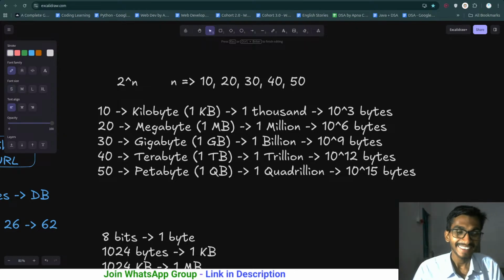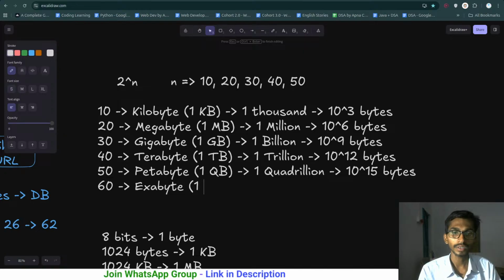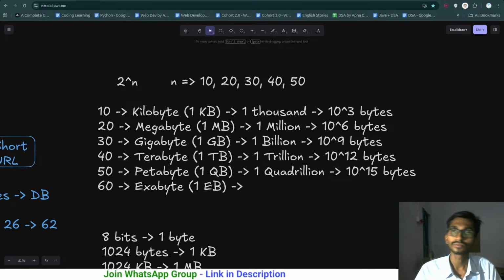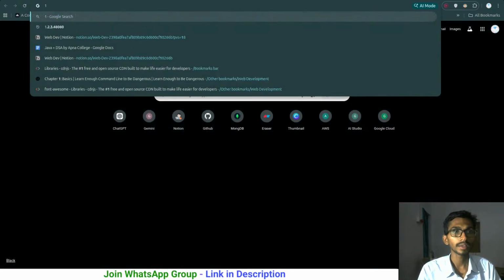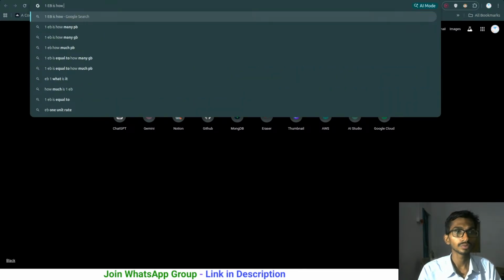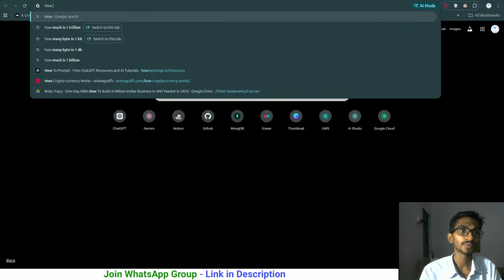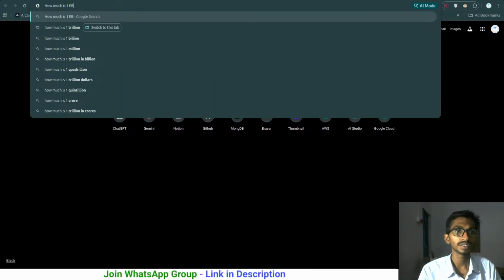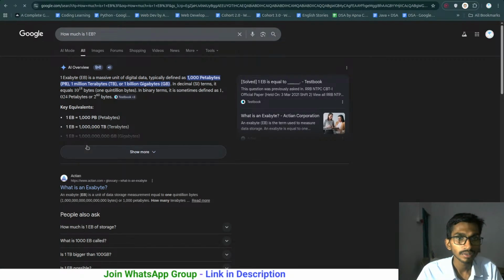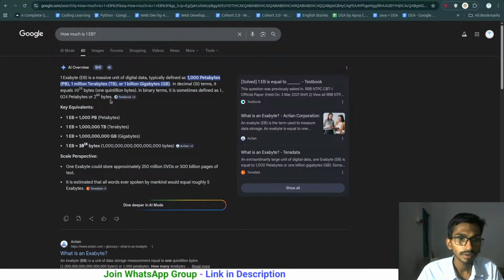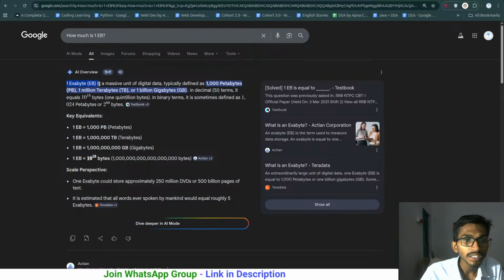As simple as that. Now there's one more thing here. 2 to the power 60 is equal to exabyte, 1 EB. How much is 1 exabyte? An exabyte is a massive unit of digital data, typically defined as 1000 petabytes.